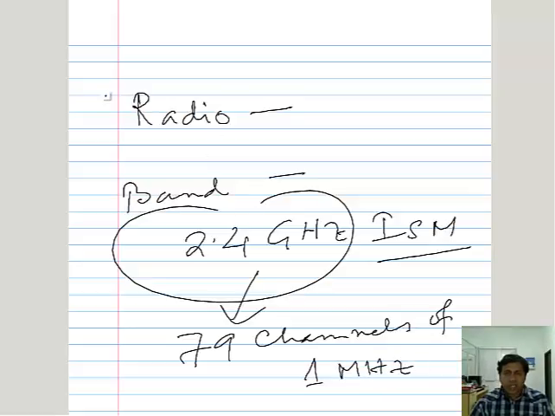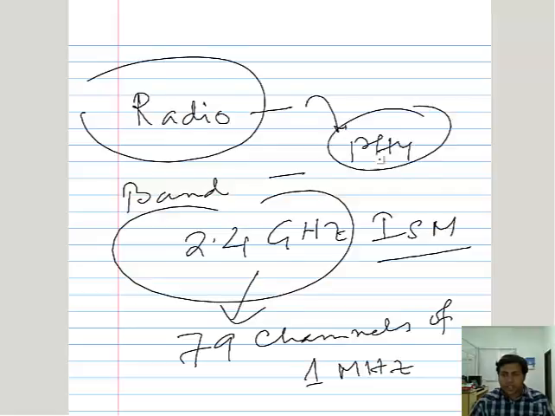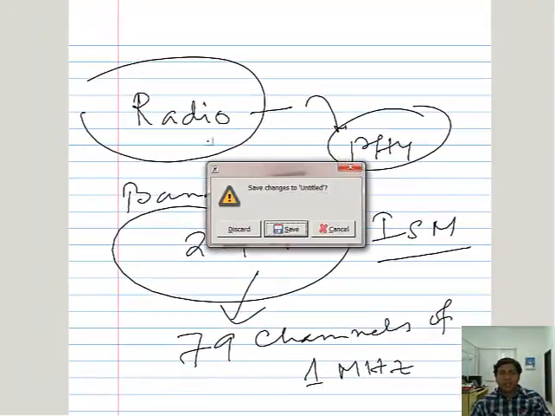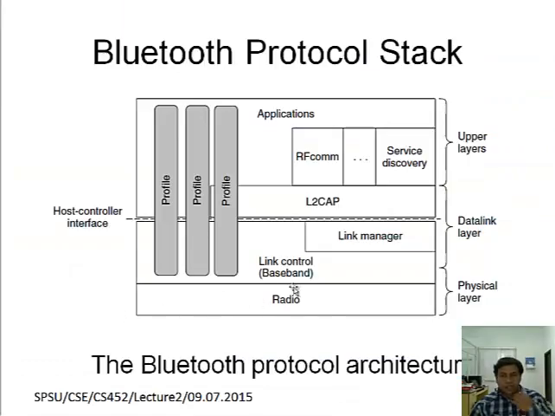This radio channel helps the physical layer to give connectivity. So the entire bandwidth of the 2.4 gigahertz ISM is divided into different bands. We talked about the radio layer, which comes under the physical layer part of Bluetooth.